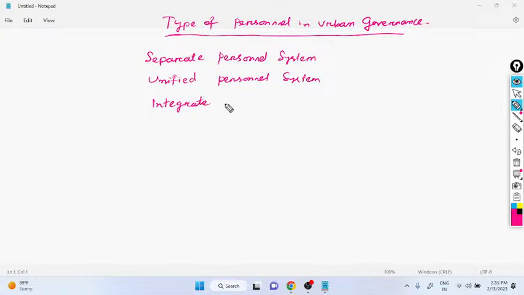There are three types of personnel system used in municipality administration.